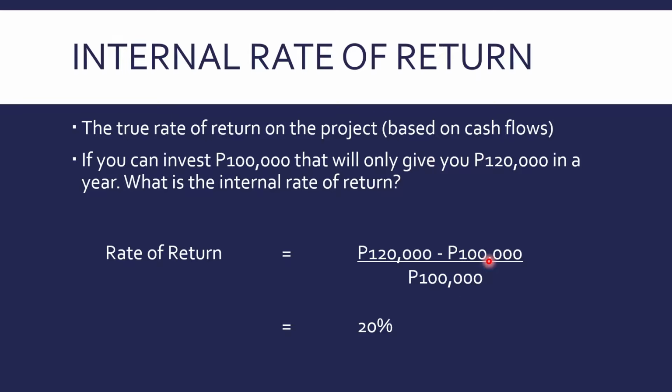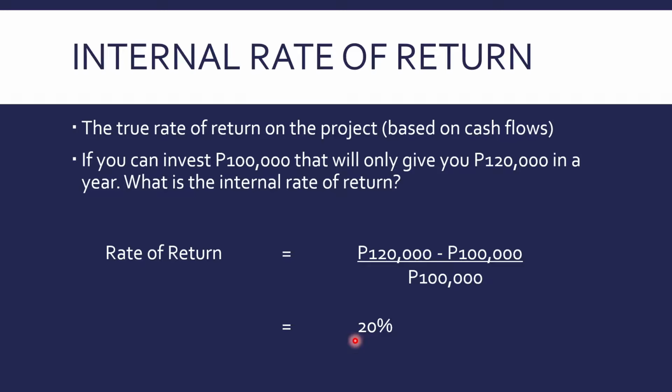Yun yung net investment. Tapos, kunin nyo yung cash inflow 1 year from now, assuming that the project will mature or will end in year 1. So 120 minus 100,000 divided by 100,000. That's an internal rate of return of 20%.